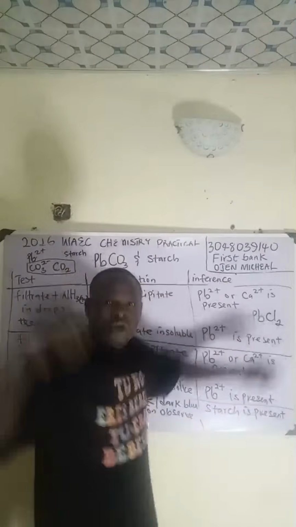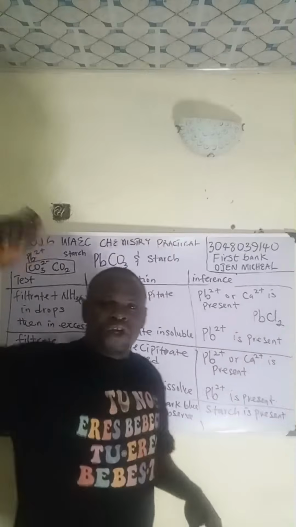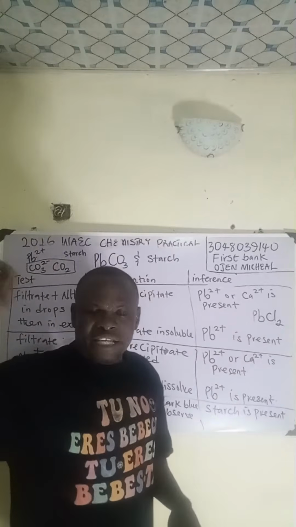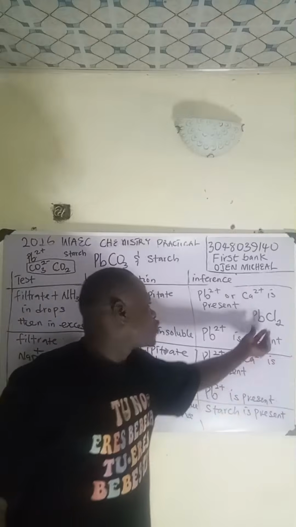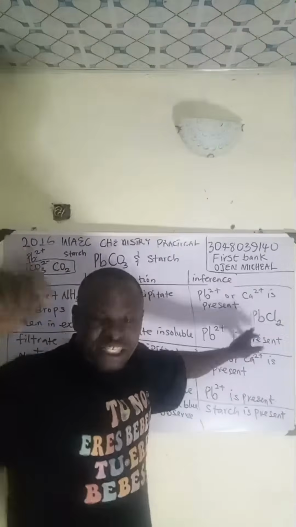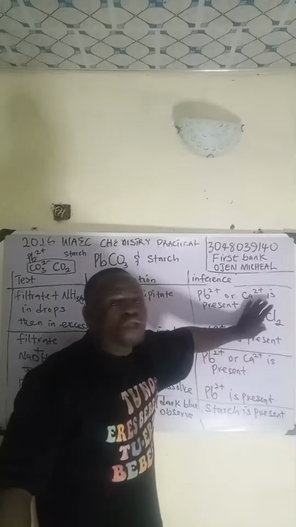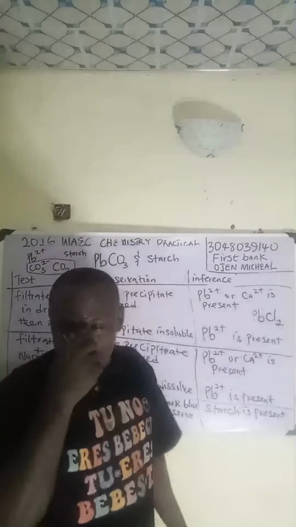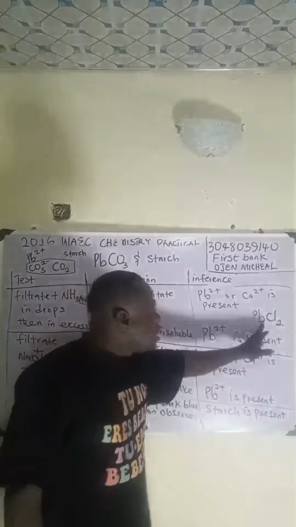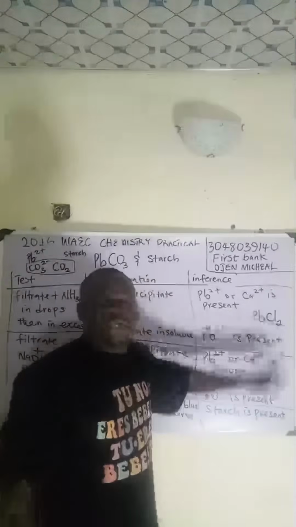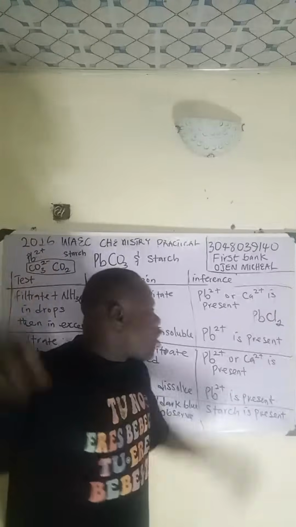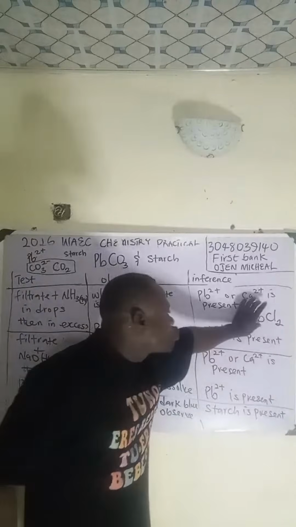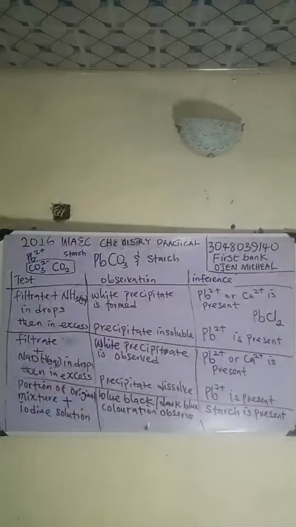When you heat it, please go back to that video of my salt analysis. In that part of HCl, this is what you are going to see and report in your inference first before lead ion present. I just omitted that part. Lead chloride, that is from lead ion, is what is present. Just go and marry the 2 videos together.